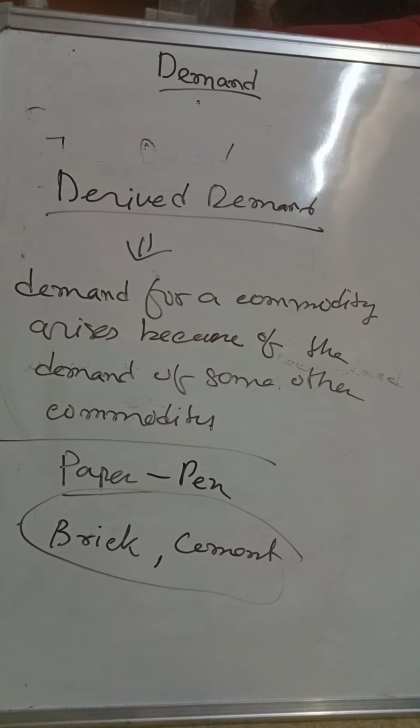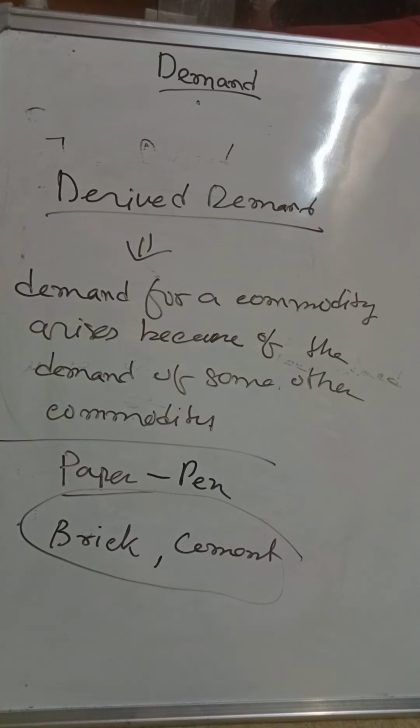Paper can be bought and after that we can buy a pen to write on it, but other than writing, paper can be used for many other purposes also. So paper is deriving the demand of the pen. It is not jointly used, but because of the demand of paper we are demanding the pen. So this is a derived demand.